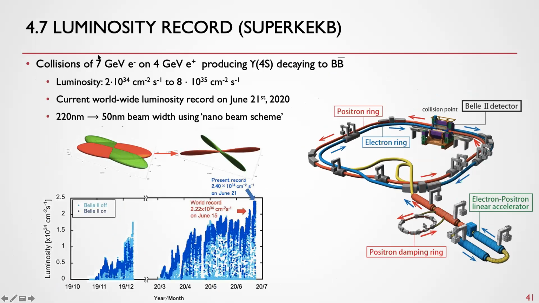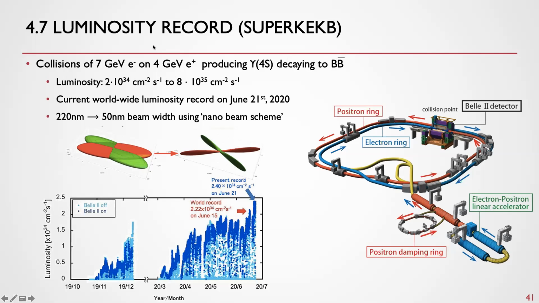It collides 7 GeV electrons with 4 GeV positrons at the energy of the Upsilon 4S resonance, because that one decays to B B-bar pairs, and those are the objects that are most convenient for studying B physics.